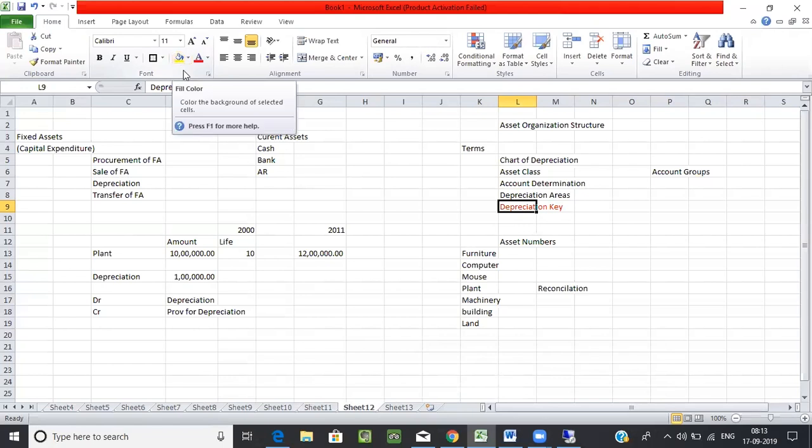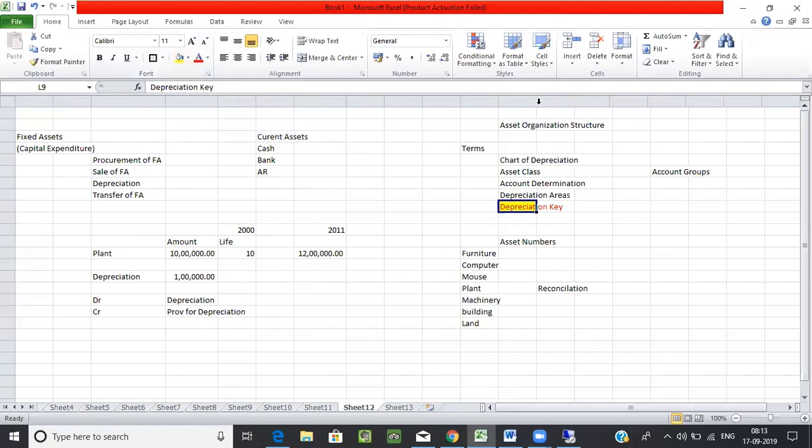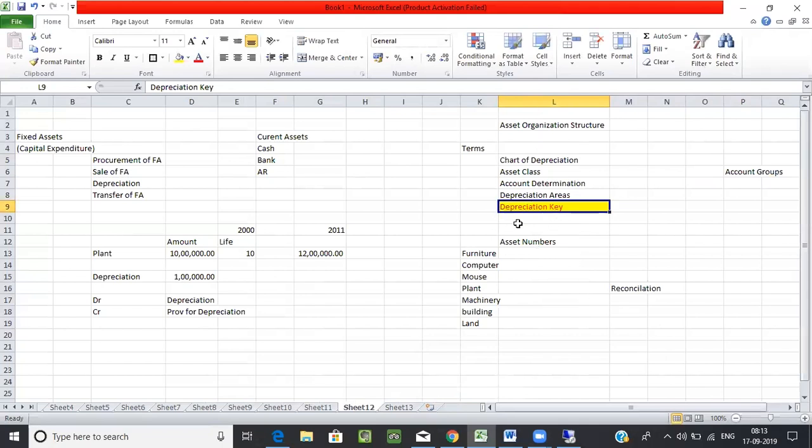In the entire fixed asset, the depreciation key is the key concept. Now, what does it take care of? The depreciation key takes care of the method of depreciation and the rate of depreciation.